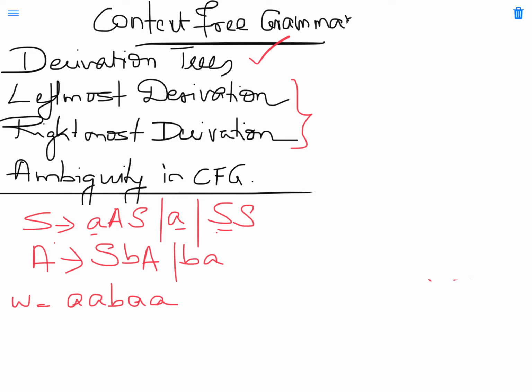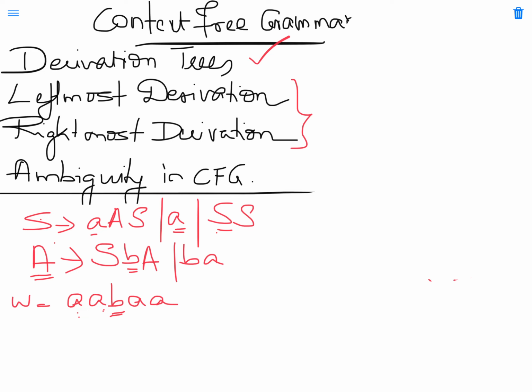Here it seems that between the A's there is no B. Only a single B appears here, and before that two A's are there. So the B terminal will come from the non-terminal A. S is fully dedicated to the terminal A.